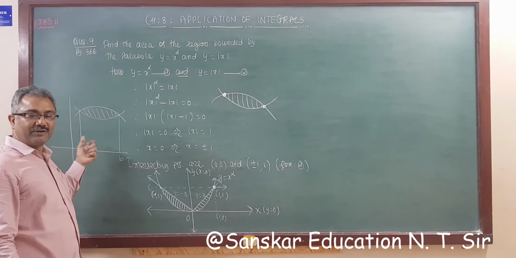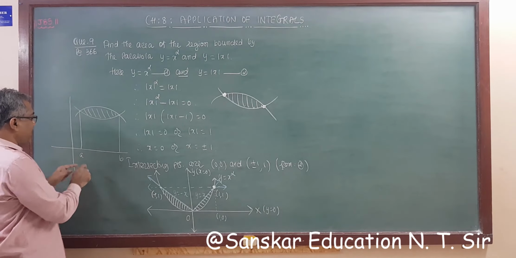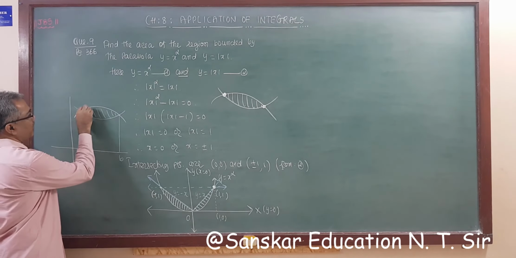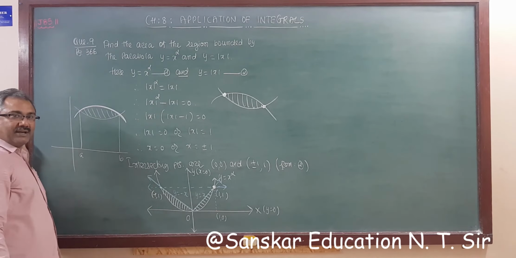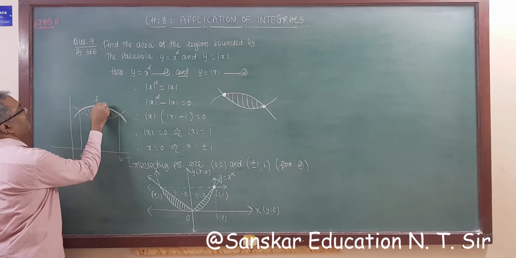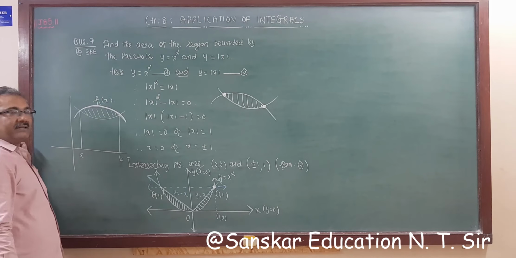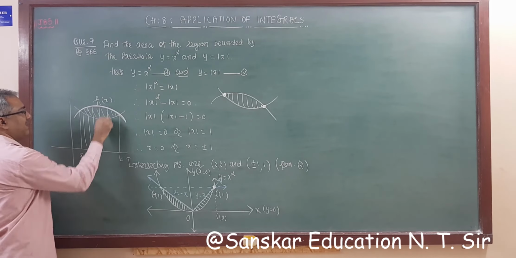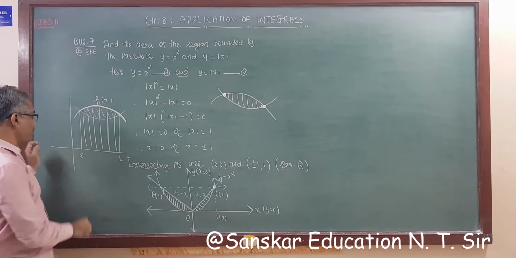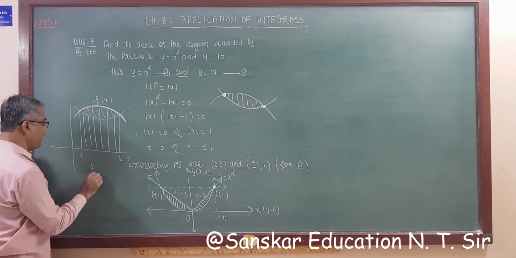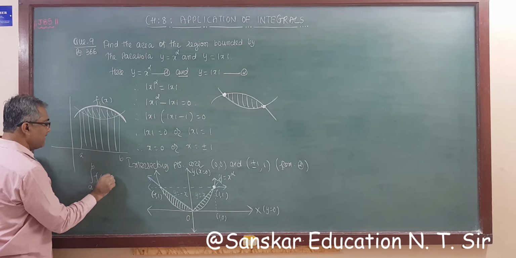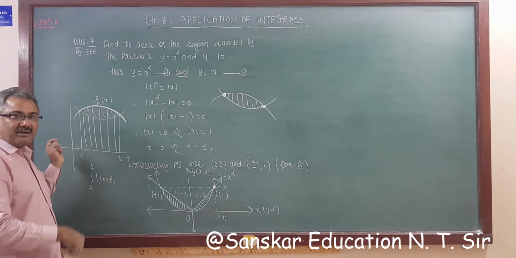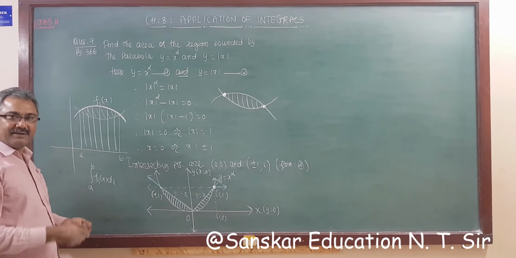We learn that if we find out the area between a to b under this first curve, right? So say this is f1(x), then what we get is the area, integration a to b f1(x) dx, bounded by these horizontal and vertical lines, right?